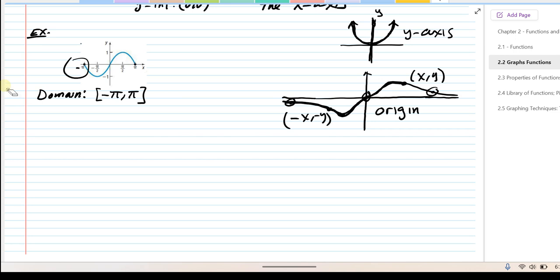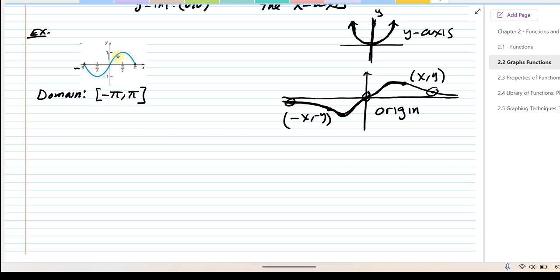And I'm sure some of you recognize this as the graph of sine or cosine. This is actually the graph of sine because it's at (0, 0). Cosine starts at (0, 1) like that.